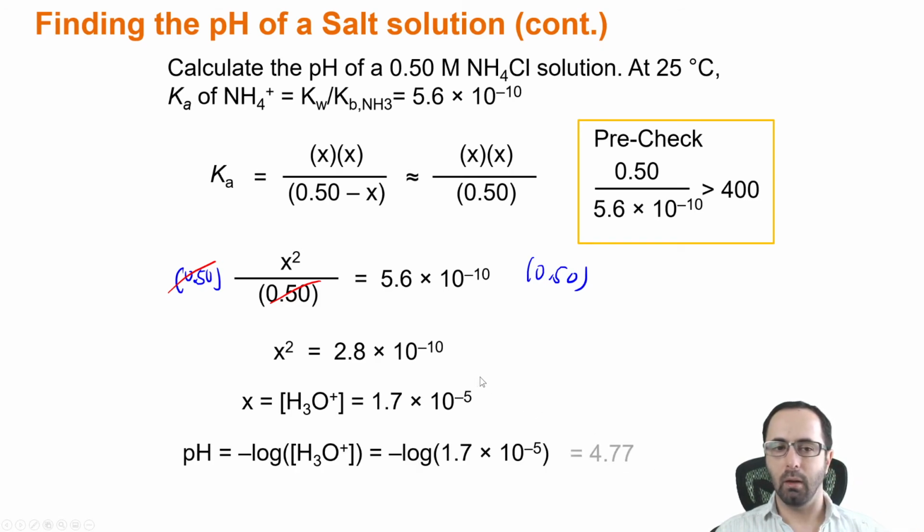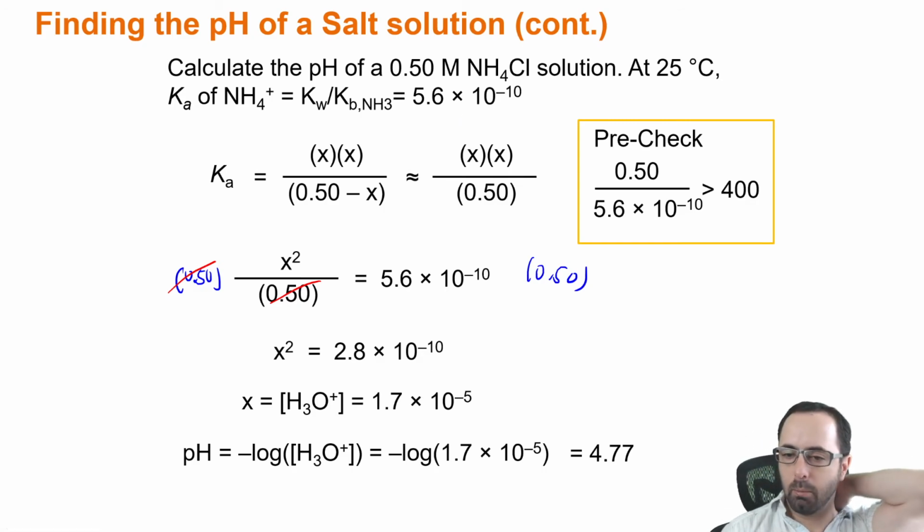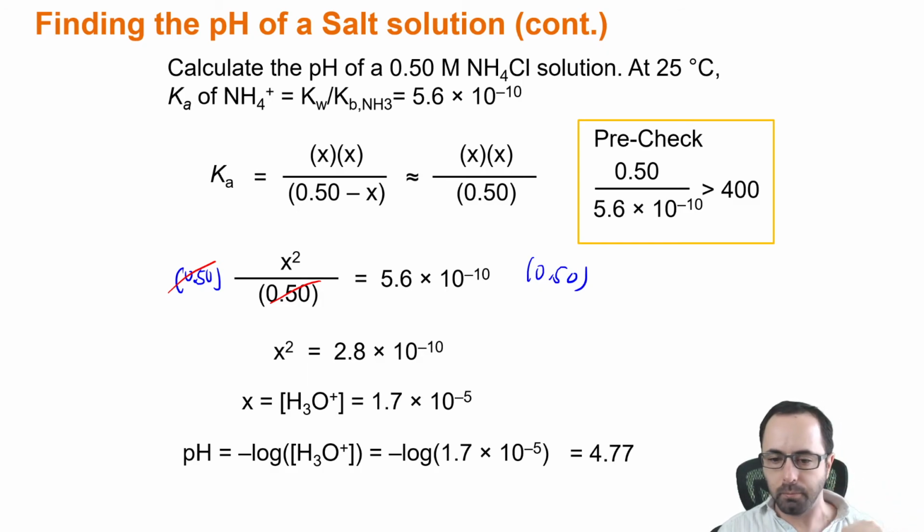So like we did here with ammonium ion, we said that the Ka is going to be Kw divided by the Kb for ammonia, and that's how we got the Ka. So that's the one extra step you have when you're dealing with a salt: you've got to figure out the K based on the K for its neutral conjugate.